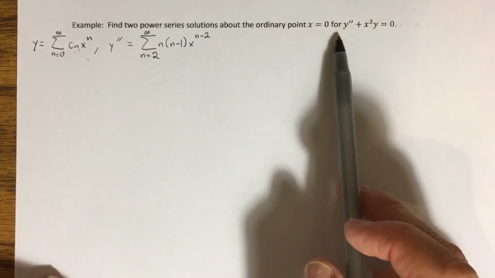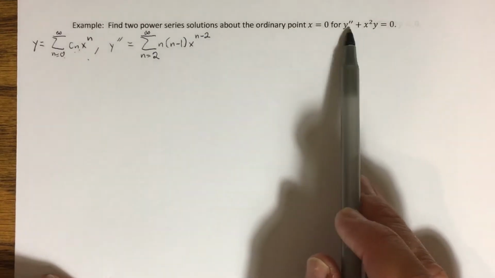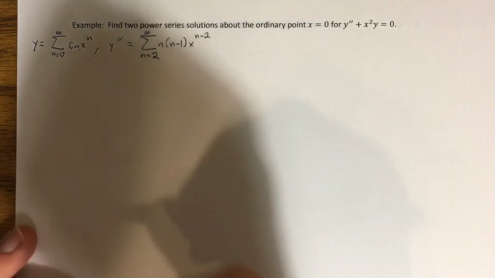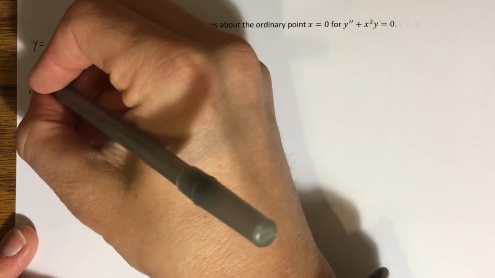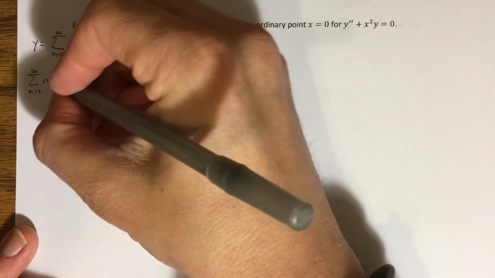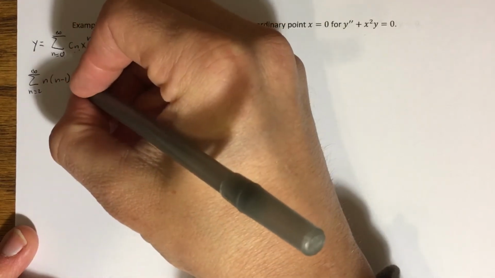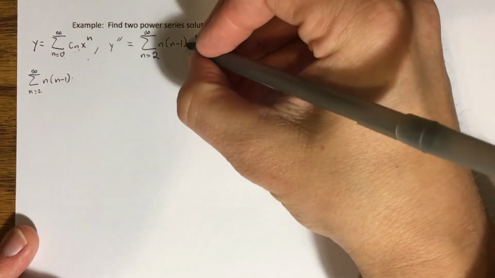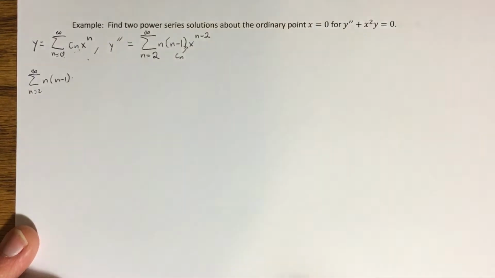So now what I want to do is take the y and the y double prime that I have here and substitute those in directly to my DE. So this is going to look like my sum from n equals 2 to infinity of n times n minus 1 times, I forgot my Cn in here, didn't I? So there should be a Cn in there.